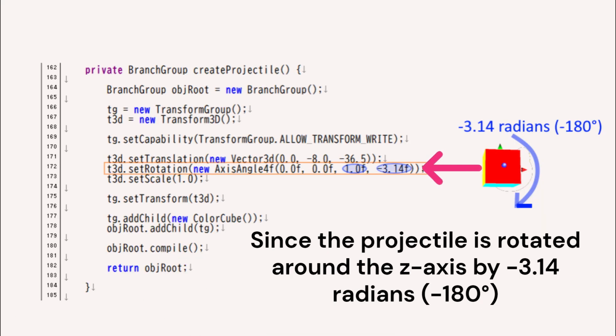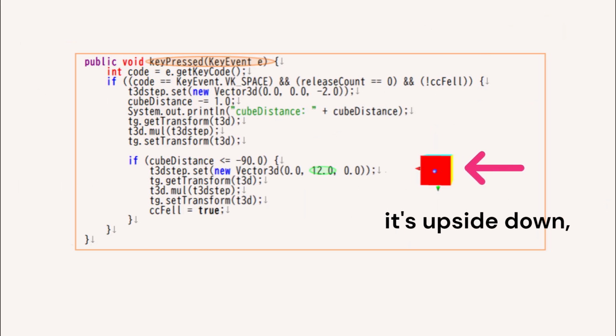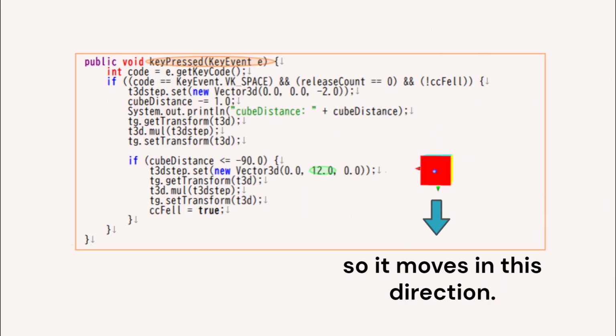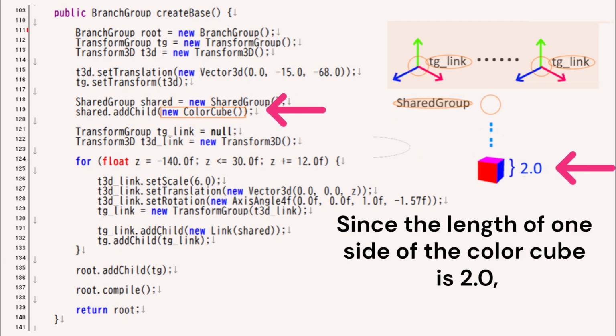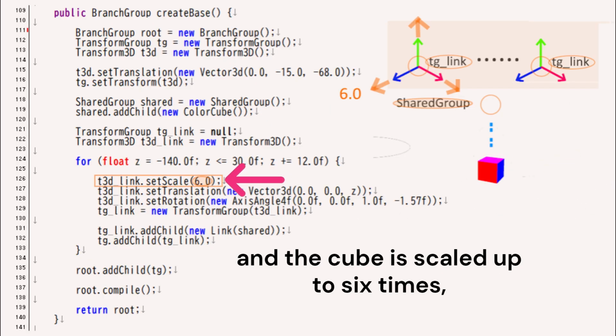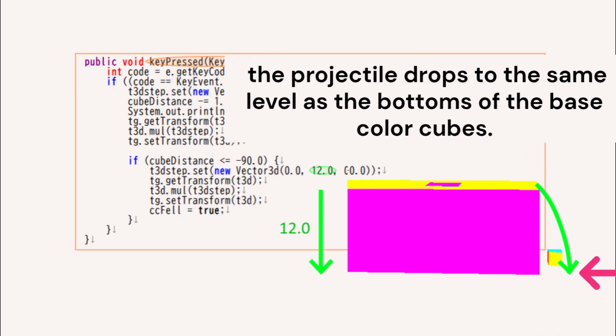Since the projectile is rotated around the z-axis by -3.14 radians, -180 degrees, it's upside down, so it moves in this direction. Since the length of one side of the color cube is 2.0, and the cube is scaled up 6 times, the projectile drops to the same level as the bottoms of the base color cubes.